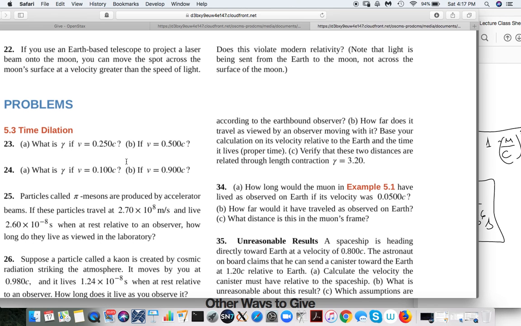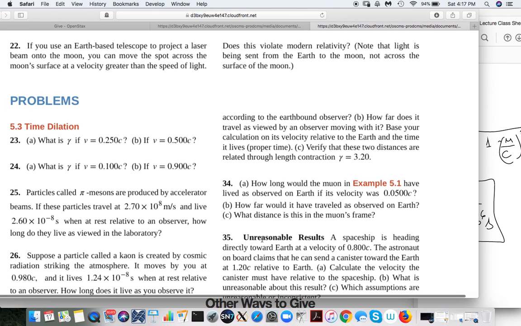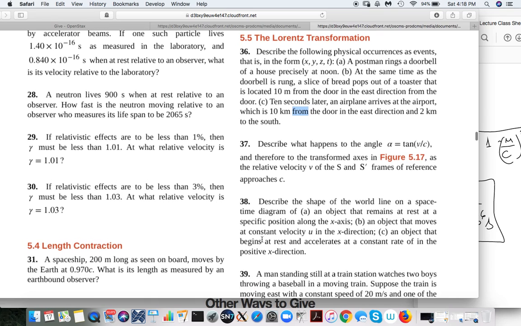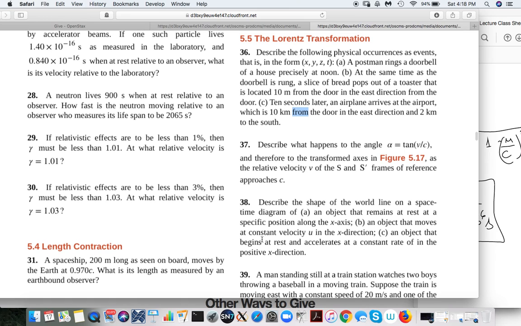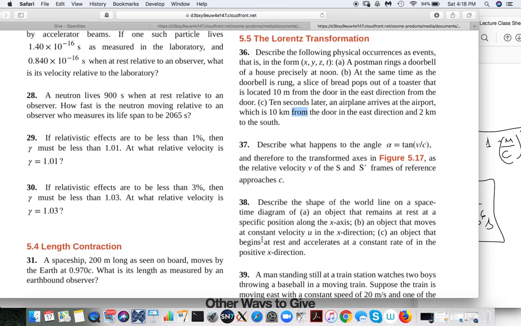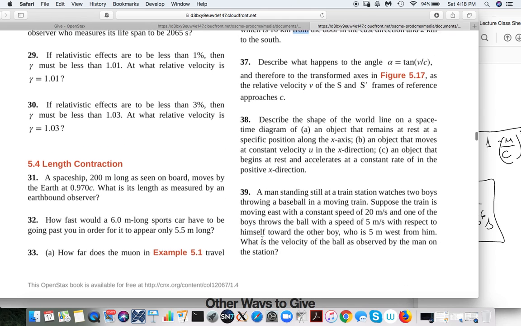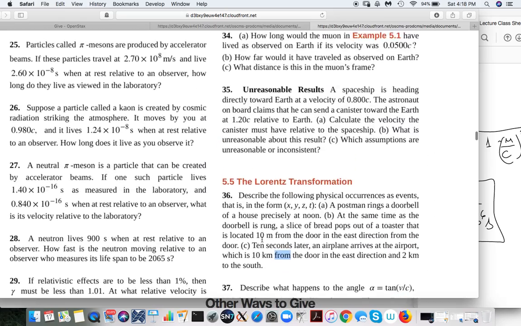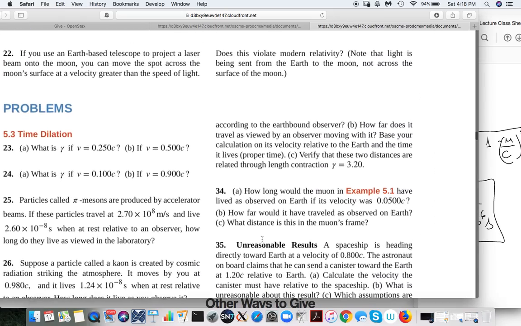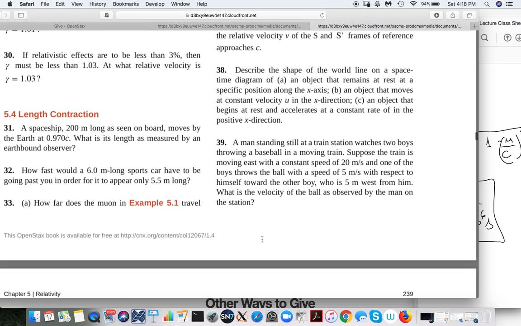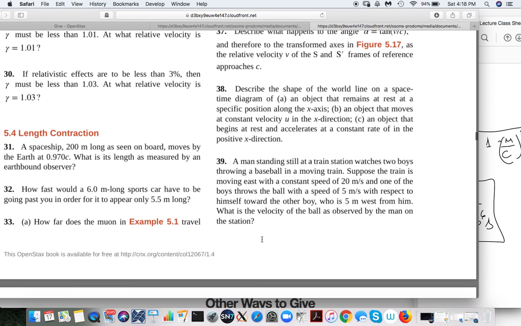Okay, so what is the question? What is the length measured by an earthbound observer? Oh no, the muon. How far does it travel?